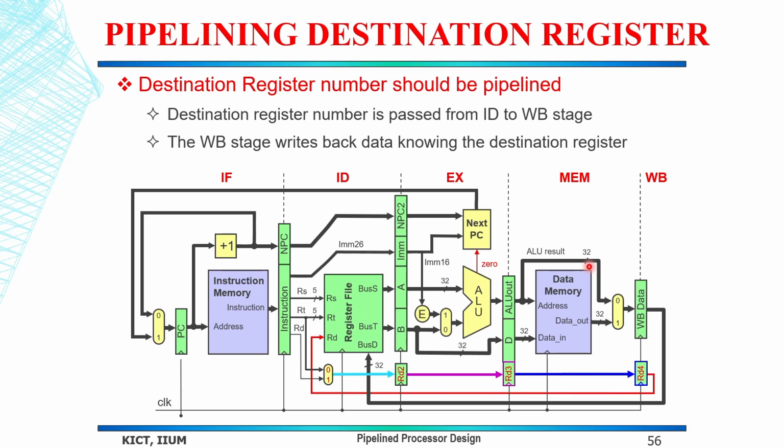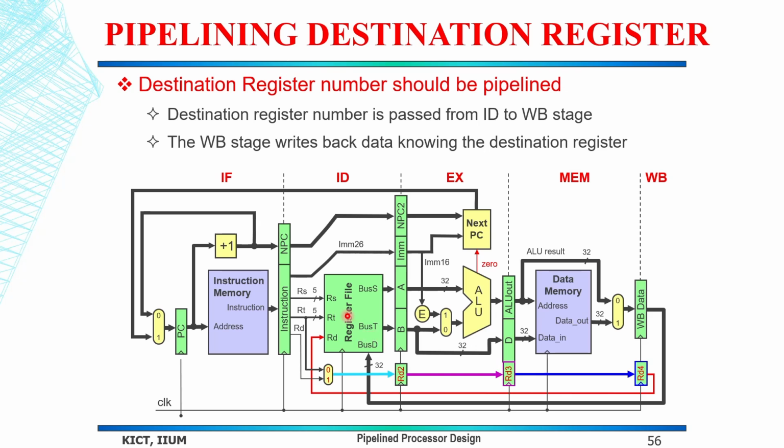So in this structure we see in these pipeline registers, for example, after the instruction fetch stage, it passes the instruction and the next program counter to the instruction decode stage, because here we need the instruction, which it decodes to get all this information, which it further passes to the execute stage.